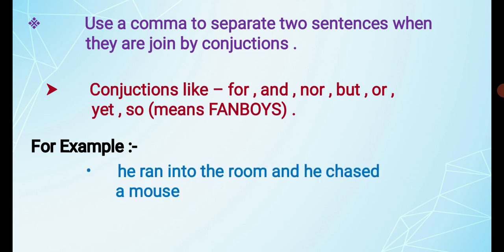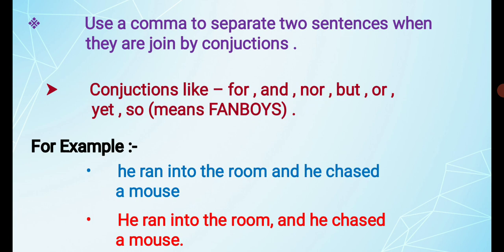So let's see the example of how we use comma with the conjunction. He ran into the room and he chased a mouse. Here the first letter of the sentence will be capital. The first sentence is "He ran into the room." After the first sentence we will put a comma, then write the conjunction and the second sentence, and after the second sentence we will put a full stop.